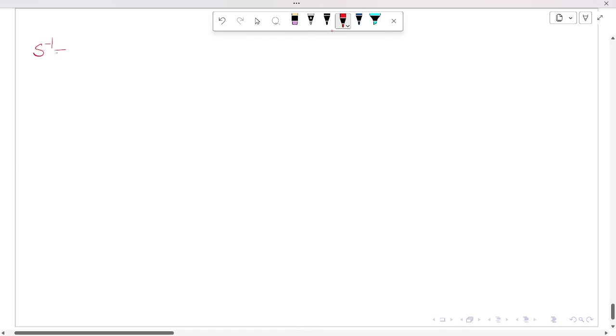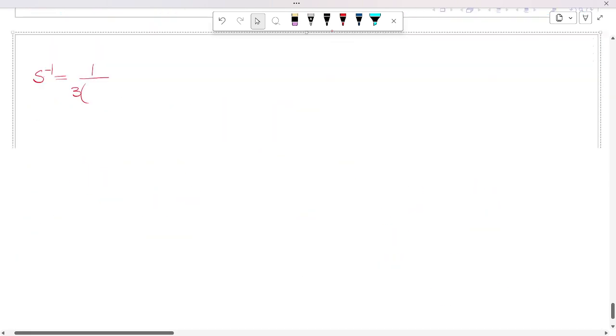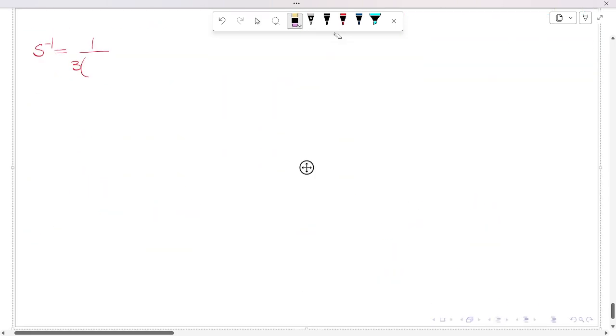S inverse is 1 by the determinant of S, which is 1 by 3, I think, omega minus omega square. Yes, omega minus omega square. And then we have the adjoint of S.